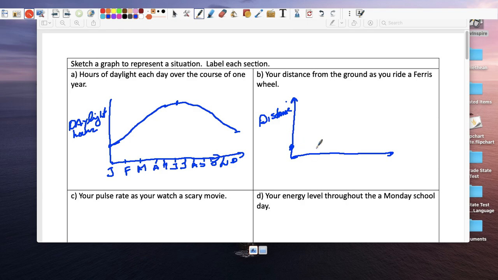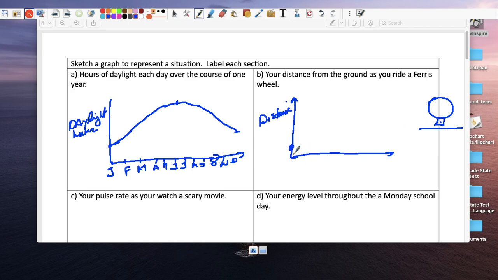And as the Ferris wheel turns, let me just draw a Ferris wheel over here, and here's you who just hopped in. Let me actually draw this way. So you hop right in over here, and this is the ground, so you're a little bit above the ground.